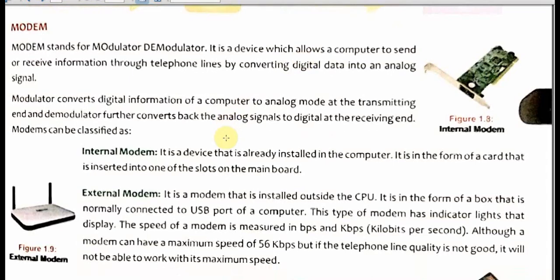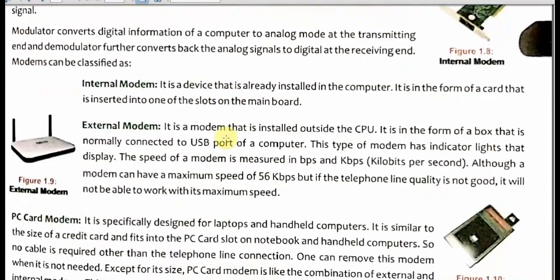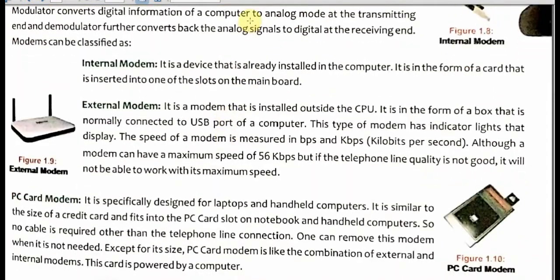Now it is required for data communication. Students, you use internet, so your mobile phone and your computer have a modem. You are not able to see it because it is very small and fitted into your device.